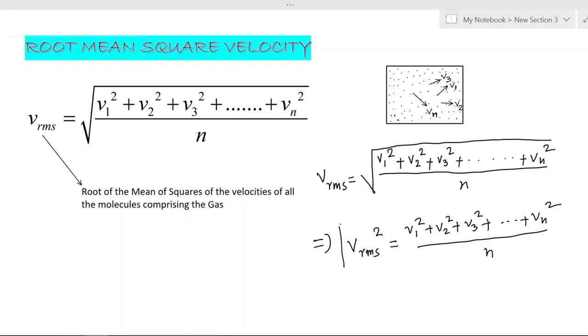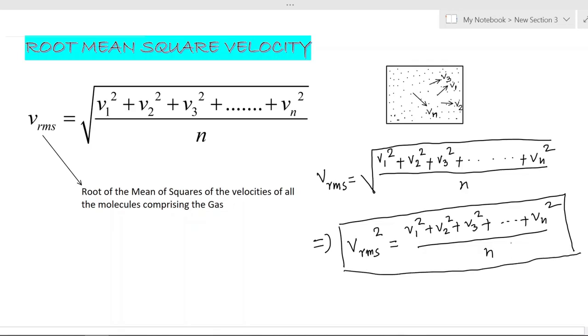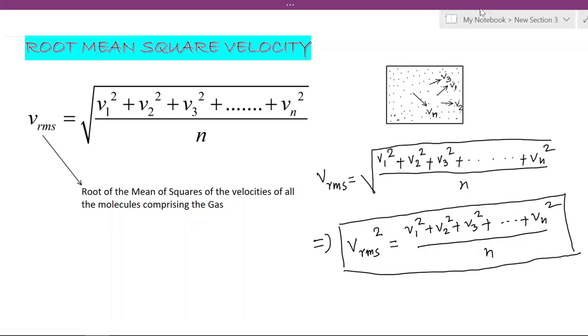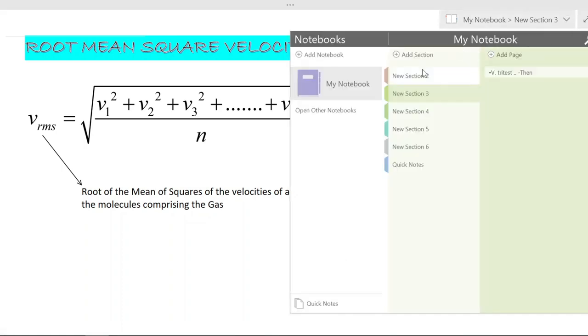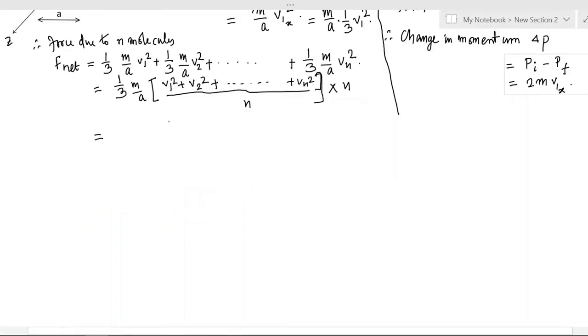So this is all I have got over there inside the bracket. Have a look at this. Vrms square equal to v1 square plus v2 square plus dot dot dot up to vn square divided by n. That's all I've got there, isn't it? See again. Inside the bracket I have got v1 square plus v2 square plus v3 square and so on up to vn square divided by n.